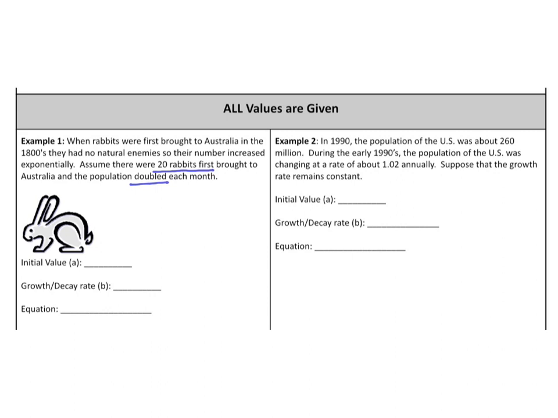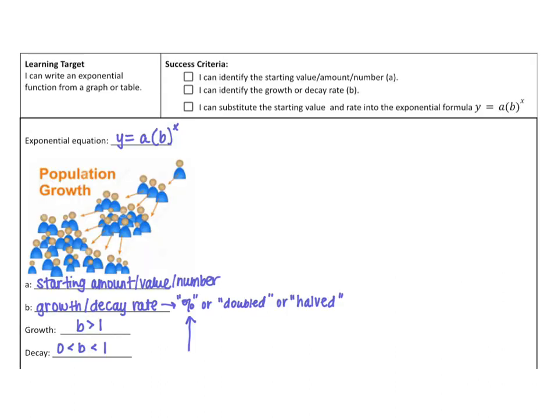So the first amount of rabbits that we started with was 20. That's my initial value, or my A value, that starting point.